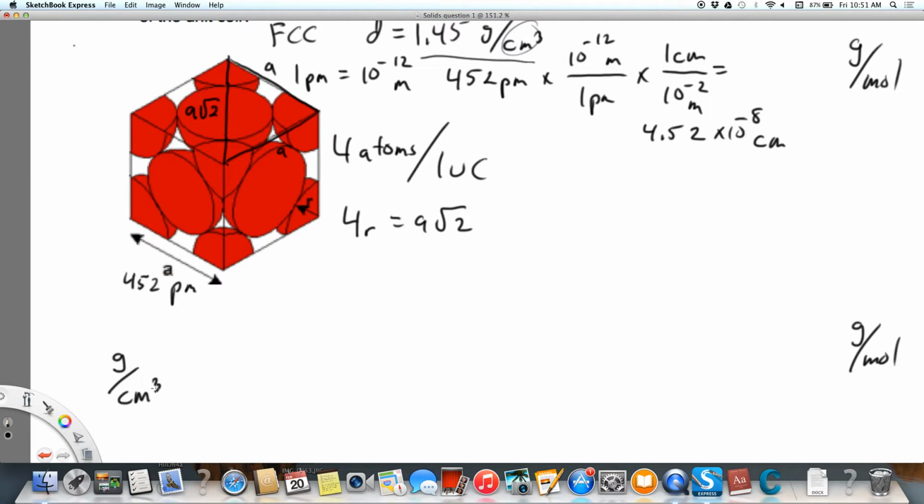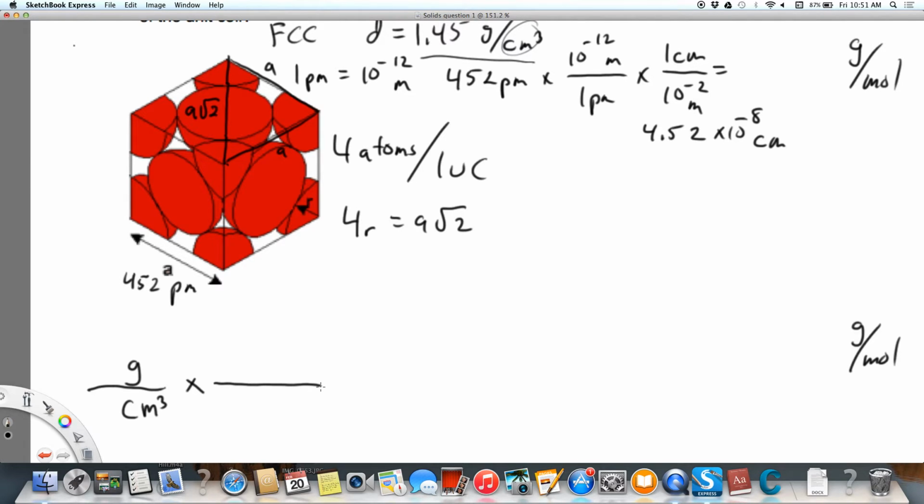I'm just going to let the units do this, and I'll put the numbers in a minute. So, grams over centimeters cubed. Then I want to get rid of centimeters cubed.